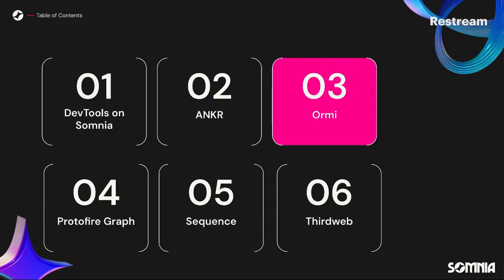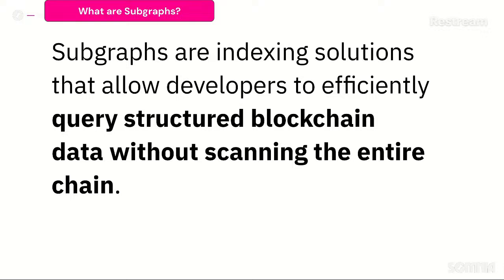Moving quickly through the services that we have, because we want to keep this very short, very focused, and very developer oriented. Before discussing the next two projects on the list, which are OMI and Graph Services by Protofire, I have to mention to you that both services are graph services.